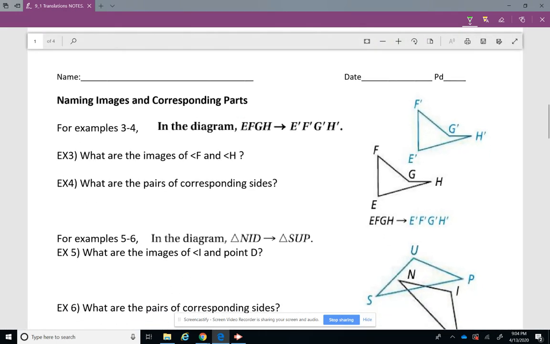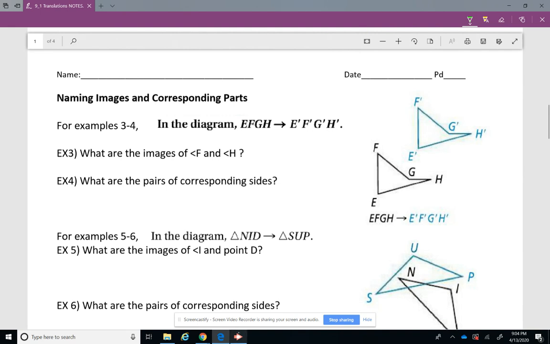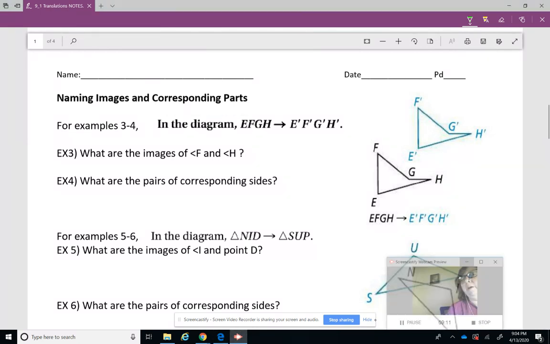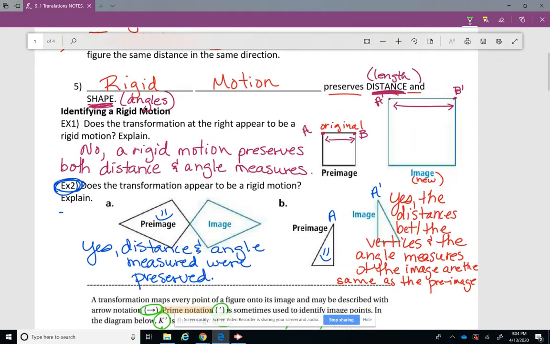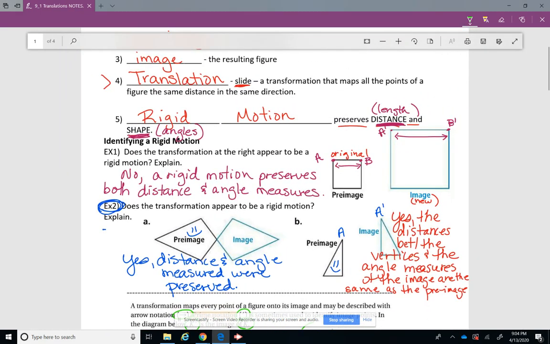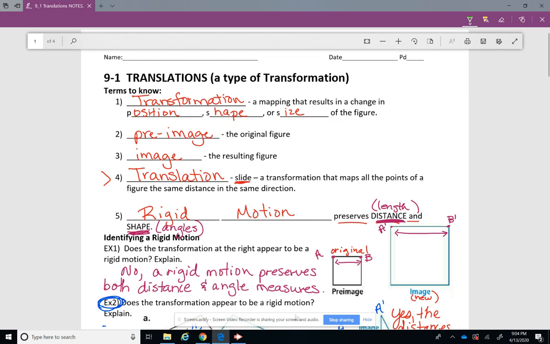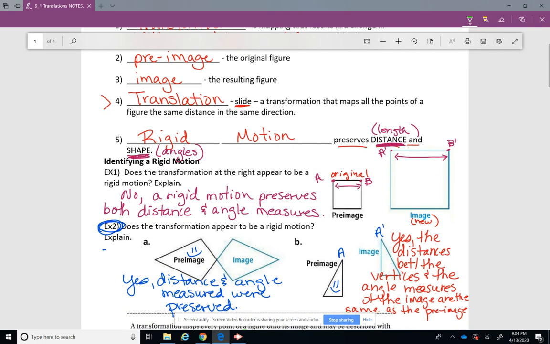All right, go ahead and go to the next page if you're following along with notes. If you're following along in the book, this top part here, the terms were on page 545, and then starting with identifying rigid motion, that was on page 546.